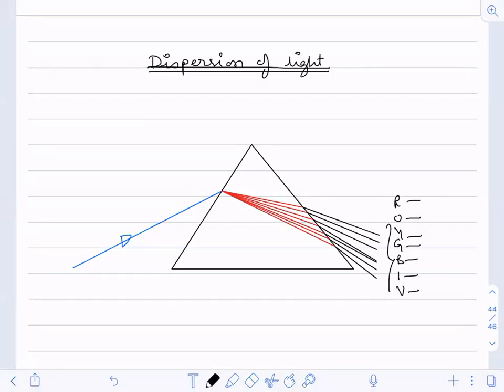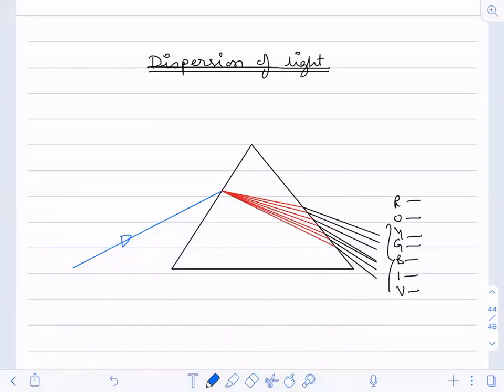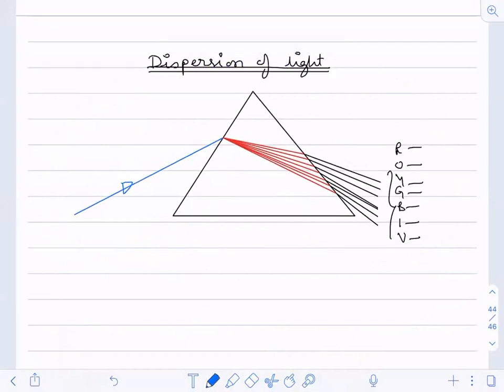Splitting of white light into 7 colors after it passes through the prism is dispersion. So if you write the definition of dispersion, I'm writing over here: splitting of white light. White light will split into 7 colors; other lights will not. If you use other color light, it will pass like that itself. Suppose you are using blue light, it is not going to break into different colors.